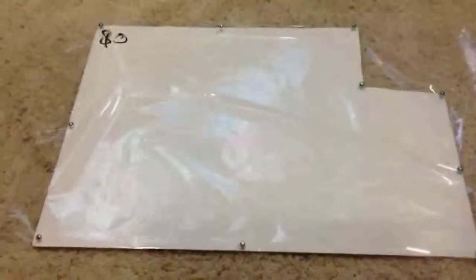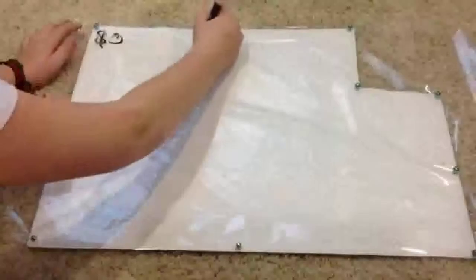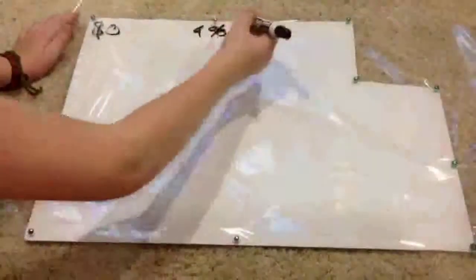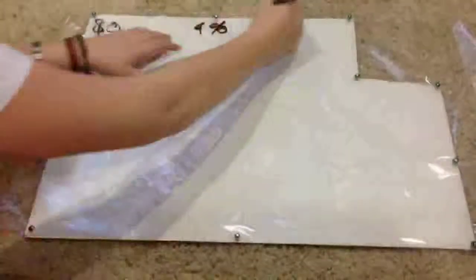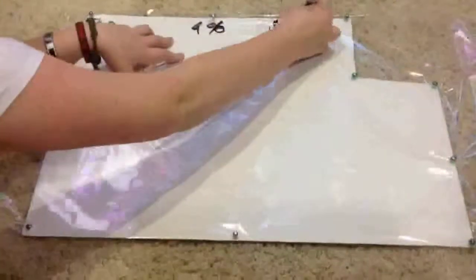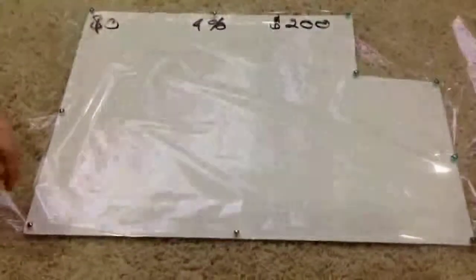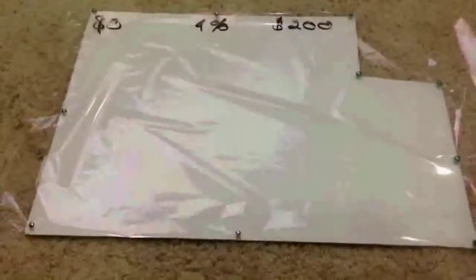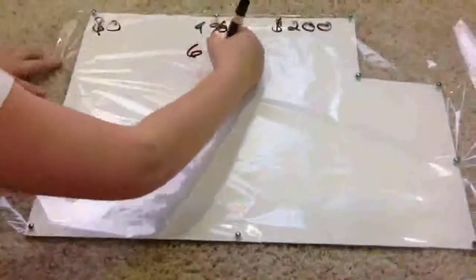Her bank account will pay 4% compounded annually, and she will deposit $200 each year on her birthday. So we will use our chart on our board to figure out how much interest and how much total she had over 6 years.